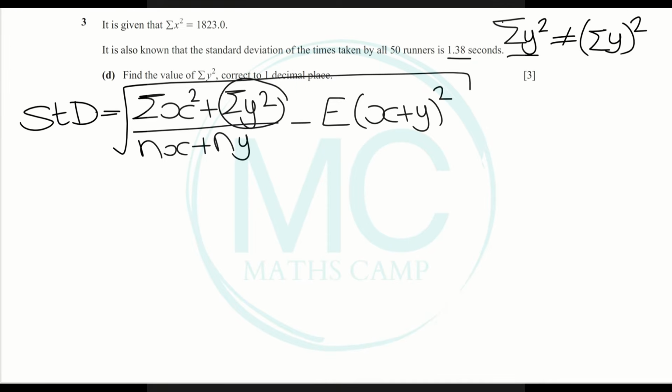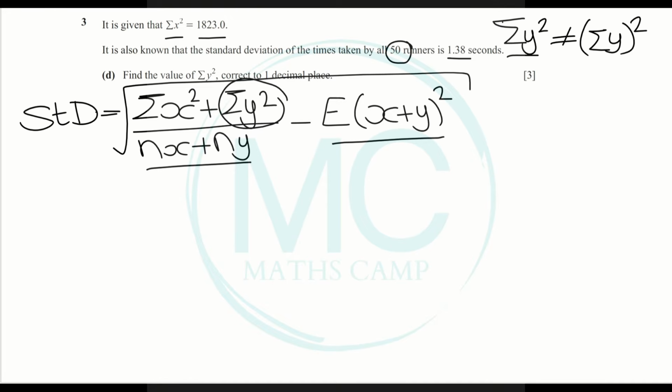We have sigma x squared, 1,823. nx plus ny is the total number of runners, which we know is 50. And in part C, we found that the mean of the total number of runners is 8,54. So now we can put all of these values into our formula.